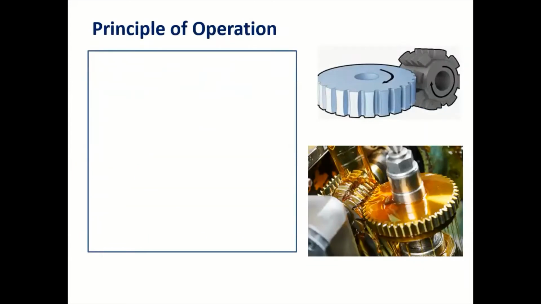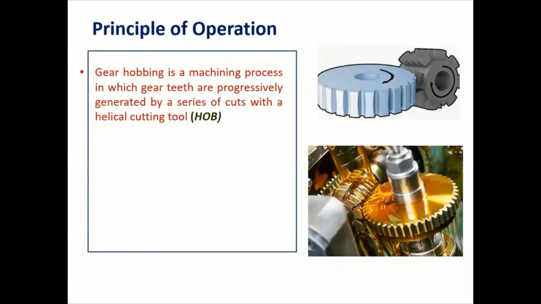Principle of operation: gear hobbing is a machining process in which gear teeth are progressively generated by a series of cuts with a helical cutting tool, which is called a hob.